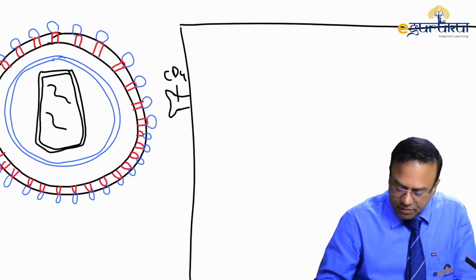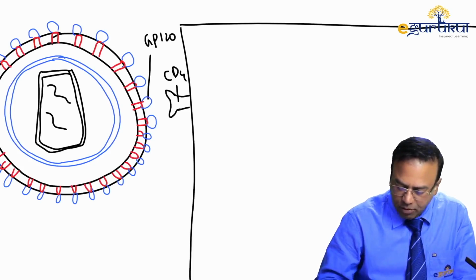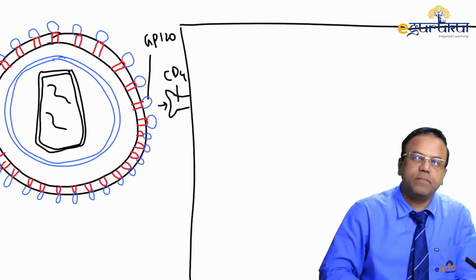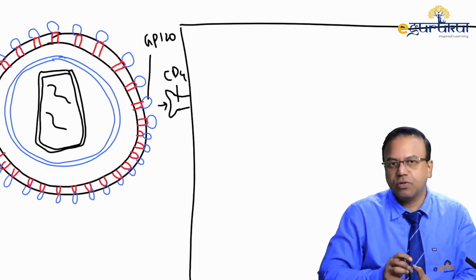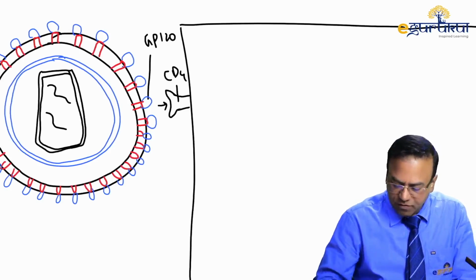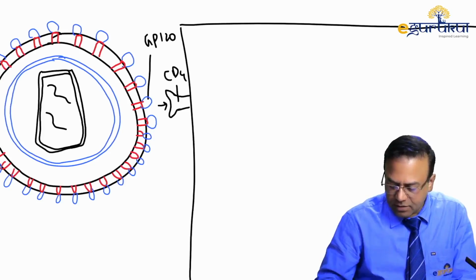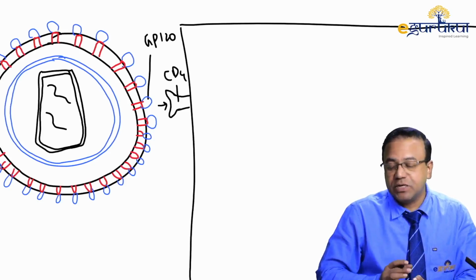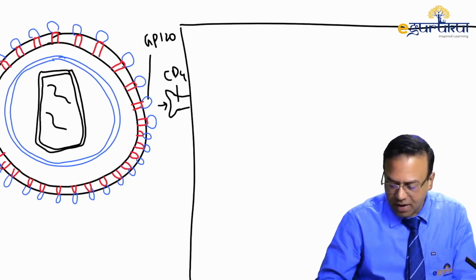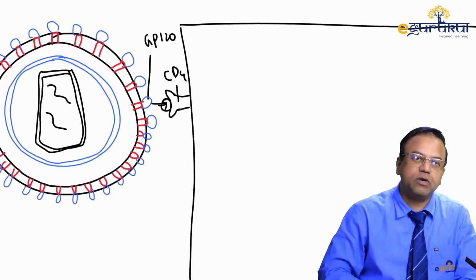So the GP120 plays a very important role in docking onto the CD4. GP120 is the main docking spike protein that attaches to the CD4 receptor. The first contact is made via this GP120, and then once it touches it, it's able to undergo a transformational change, and it also has to have a co-receptor to help its attachment to the CD4.